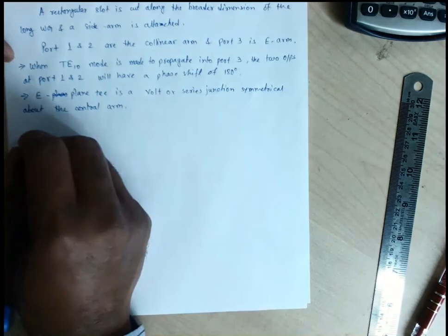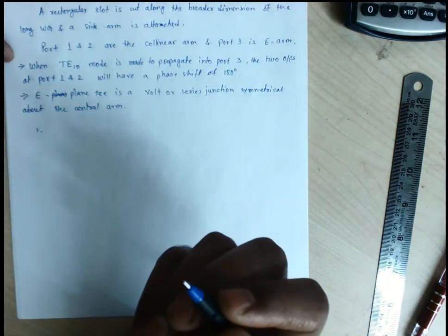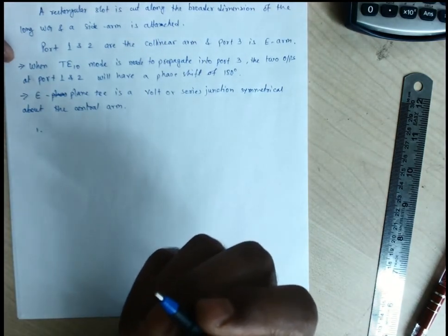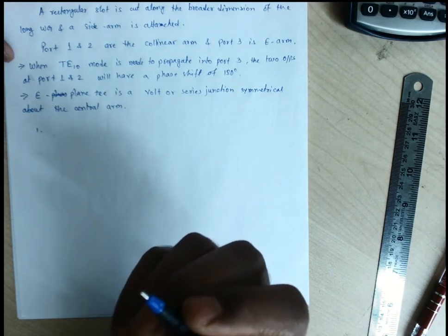So here also, first thing is that this S matrix is a square matrix and it will have the order of 3 by 3.